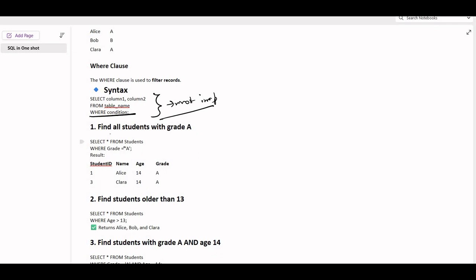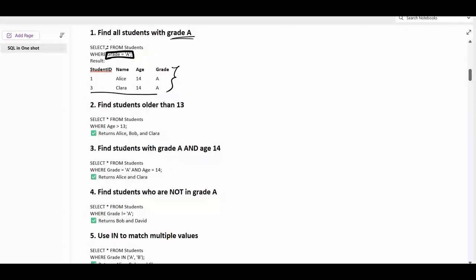There are no specific columns you have to give in the output, so that is why they have used star. It means it displays all the columns. Find all the students with a grade A: SELECT star FROM students WHERE grade is equal to A. This is a condition. The condition is that grade must be equal to A. So this is the output table. You can see Alice and Clara are the students who have secured a grade of A.